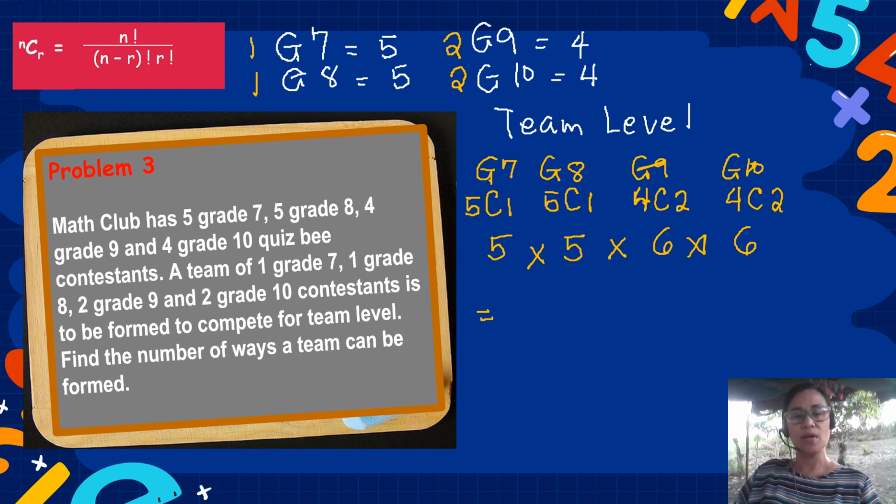This is 25 and 36. Then we multiply 25 times 36. So there are 900 possible teams that we can enlist in the team level.